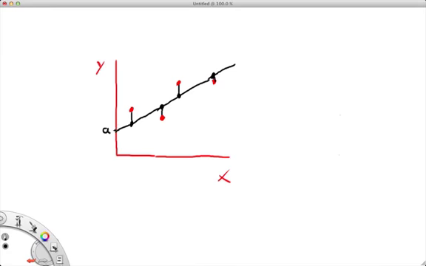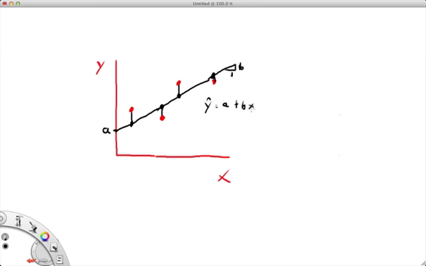The point where the line crosses the y-axis is going to be a, and the slope of this line, I'll denote by a run of 1 and a rise of b. So the equation of this line is y hat equals a plus bx.